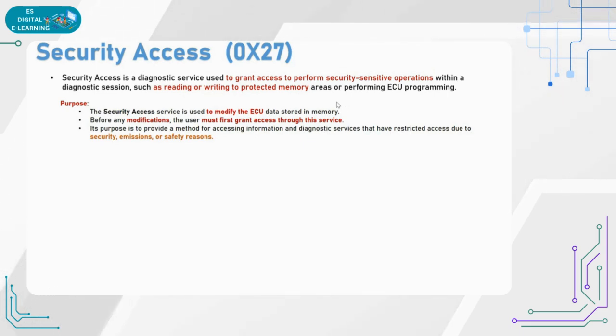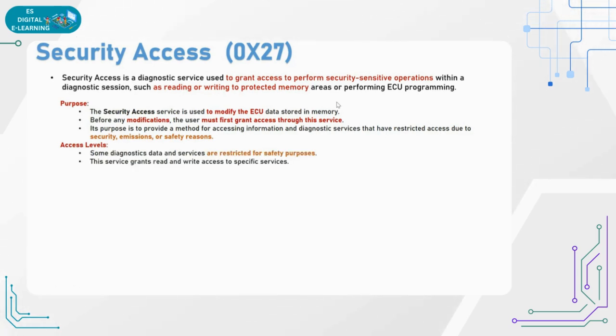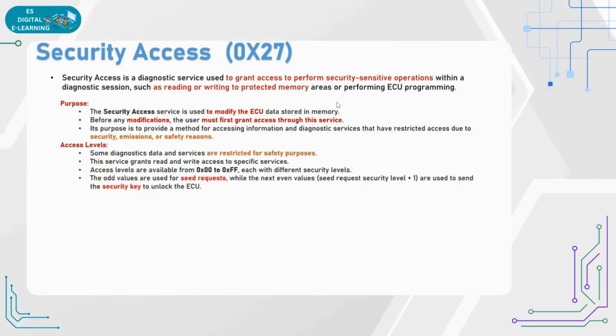It follows the seed request and key concept. The important line here is that its purpose is to provide the method for accessing the information, and these are two important points you need to write in the notes. This service grants read and write access to the specific services. This is very important.